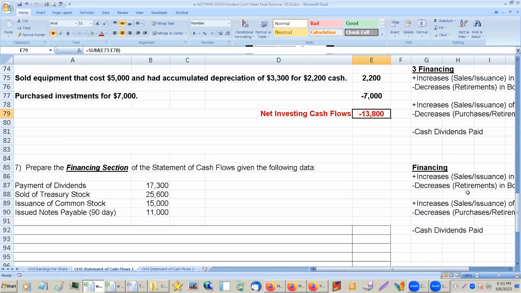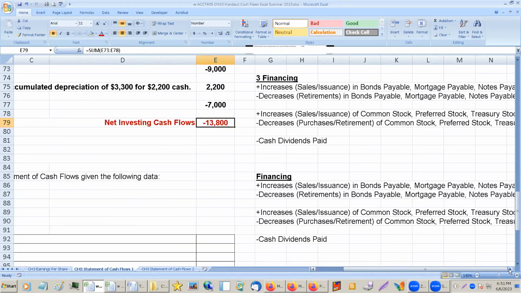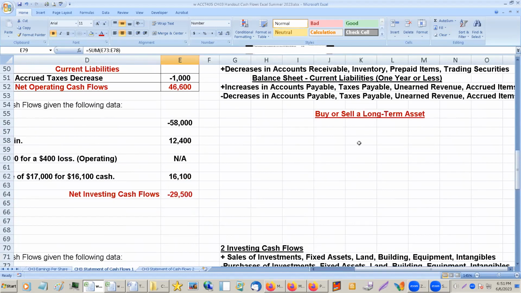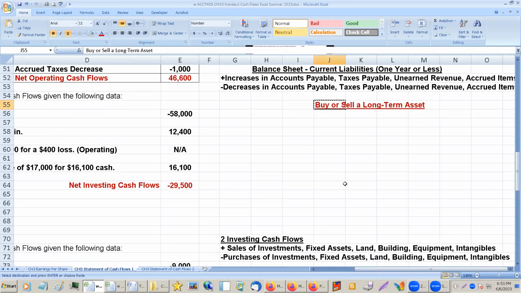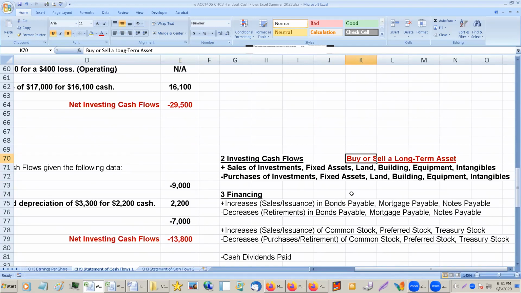Okay. Financing section. Oh, I left this thing up here. Okay, financing.